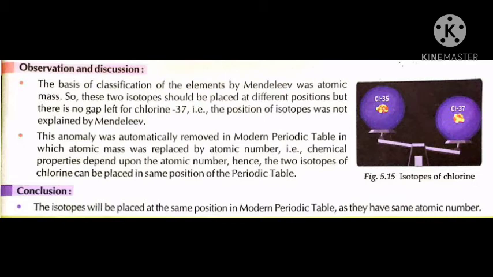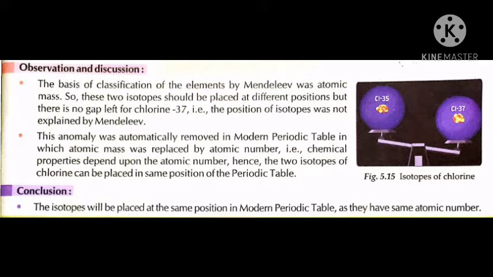Observation: the basis of classification of elements by Mendeleev was atomic mass. So, these two isotopes should be placed at different positions, but there is no gap left for chlorine-37. That is, the position of isotopes was not explained by Mendeleev.